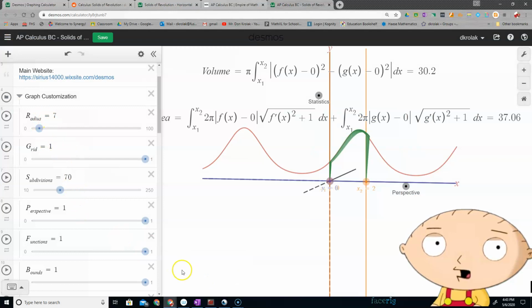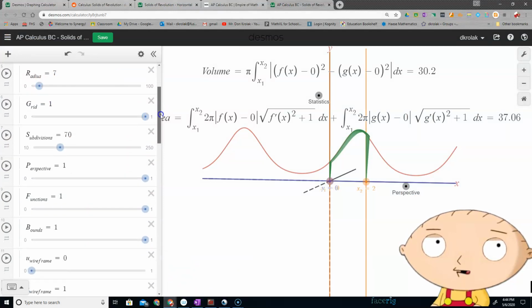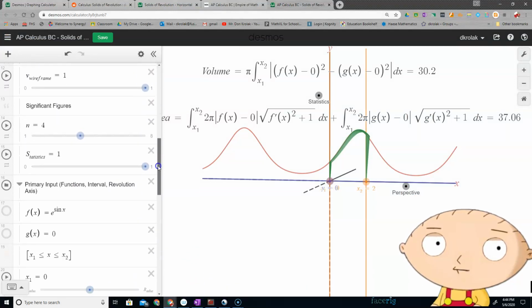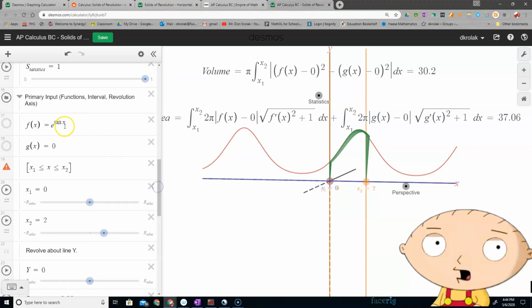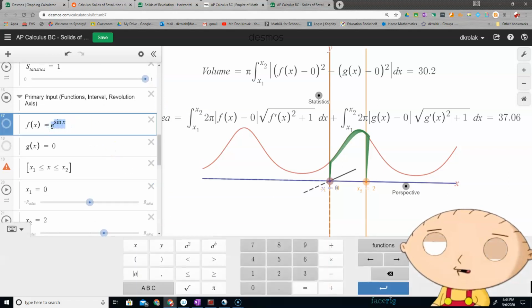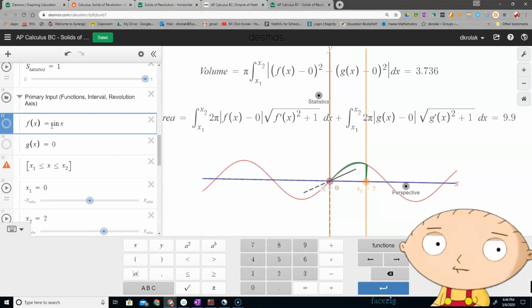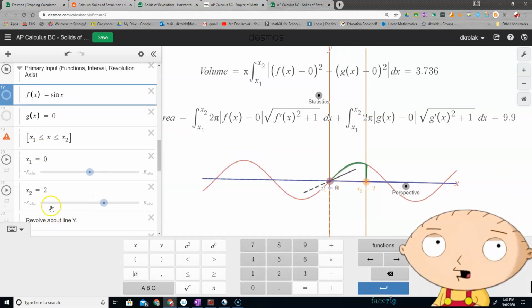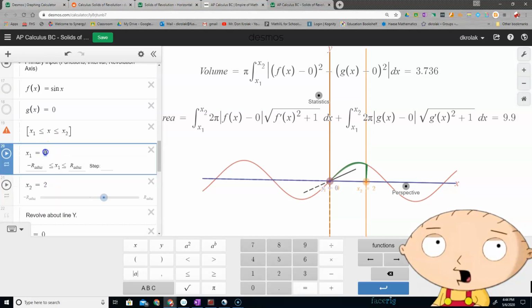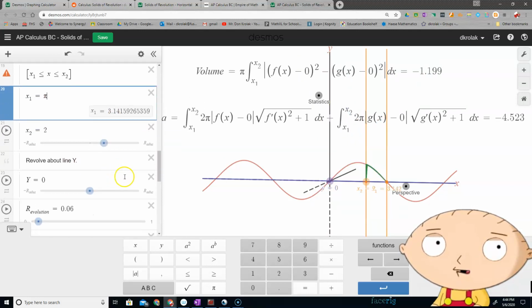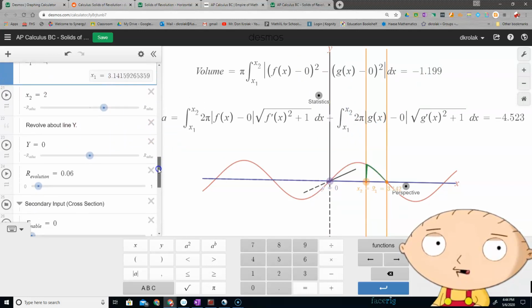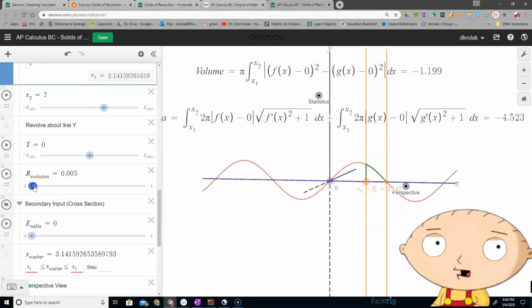So on Desmos, I am going from 0 to pi. And my equation is y equals sine x. From 0, x2 is pi. And here are my revolutions as I rotate that around.